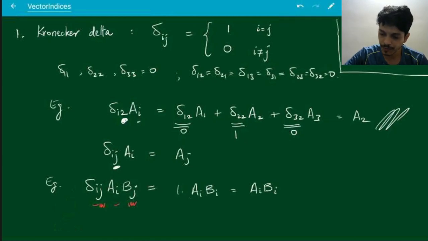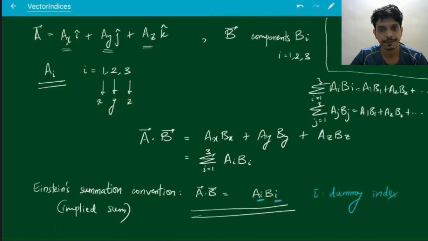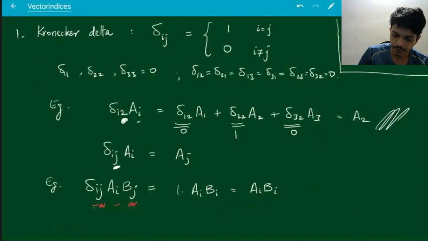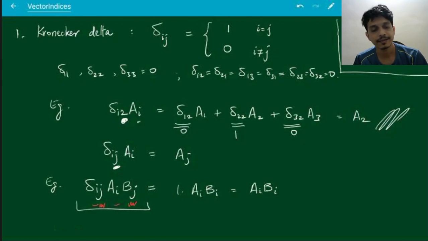And if you remember from the last page, ai bi is actually how we write the dot product. So this delta ij ai bj is another way of writing the dot product. So these are some examples of how you use the Kronecker delta.